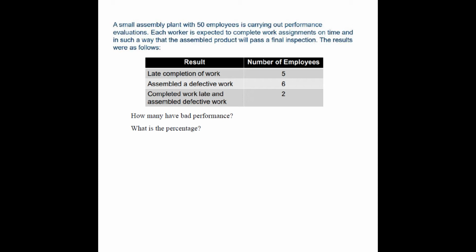In total, we have 50 employees, 5 employees late, 6 produce defective product, and 2 employees late and produce defective products. The question is, how many employees perform badly, and what is the percentage of these employees?